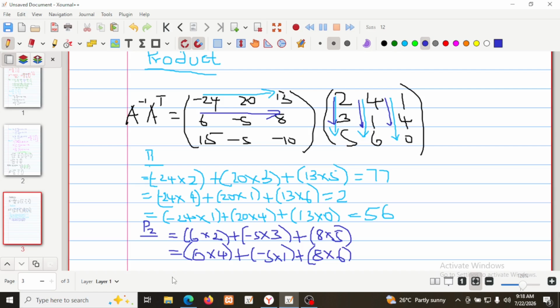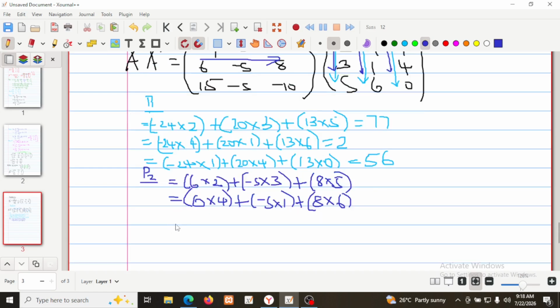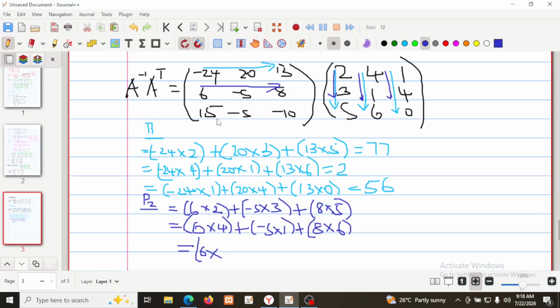Then the last, we have 6, follow closely, so it is 6 times 1, then we have negative 5 times 4 added to 8 times 0.